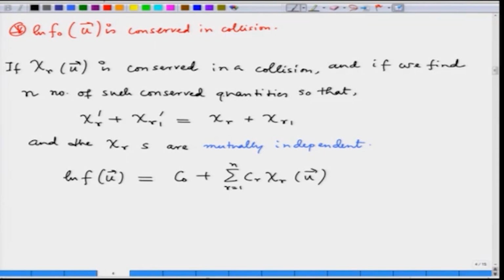If we assume that, then we can write for our case log of Fu should be equal to C0 plus C1 u square. So, this is the form representing the kinetic energy conservation. Then 3 components are conserved individually for the linear momenta, and I am just writing this.